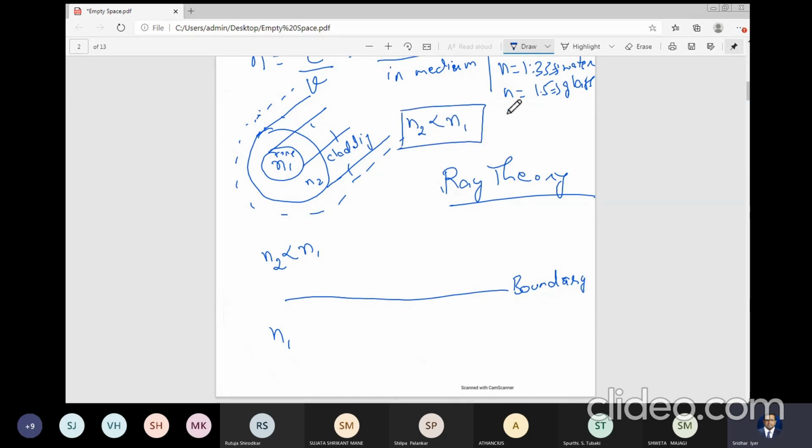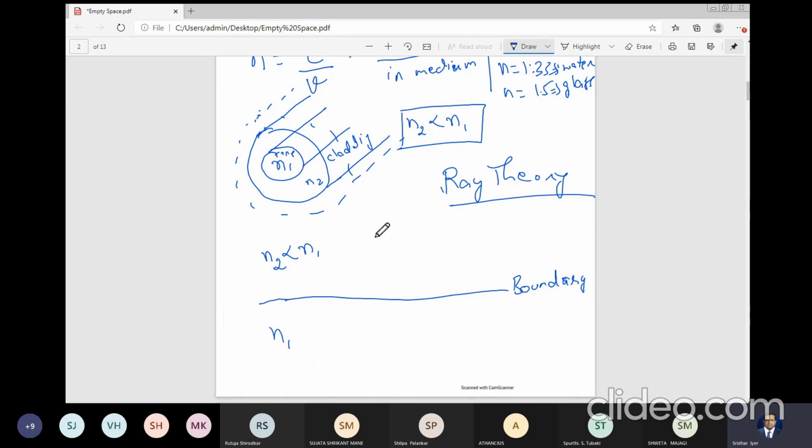If you flip this, that is, if you make N2 greater than N1, then our entire derivation does not apply. Right? So we are starting under the assumption that one material has refractive index N1, and another material has refractive index N2, which is less than N1. The derivation is done under that assumption.